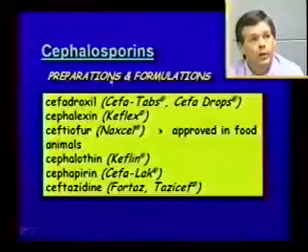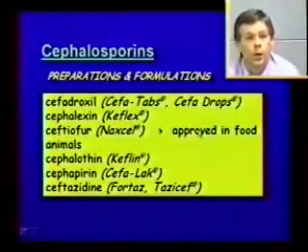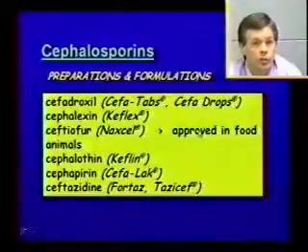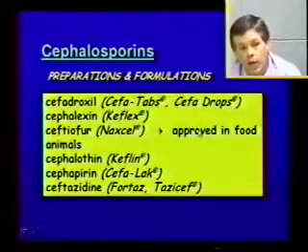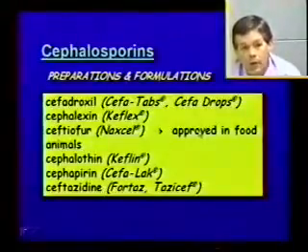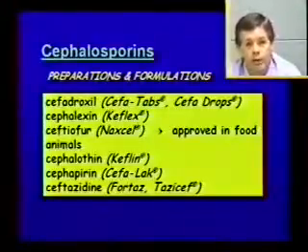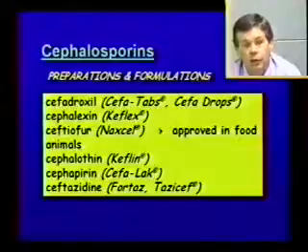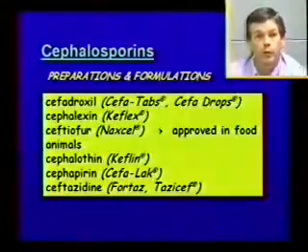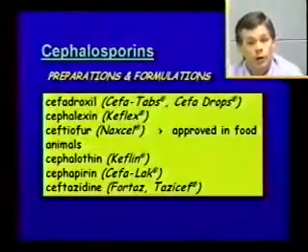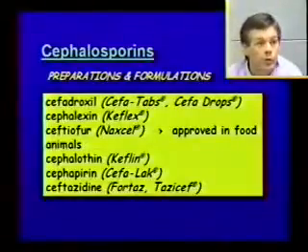Probably one that is noteworthy here is ceftiofur, which is one of the few cephalosporins that is used and approved in food animals. Again, remember that with many of these antibiotic agents, food animal use of these drugs is of great concern, and there are fewer and fewer agents being approved for use in food animals, and withdrawal times are being strictly enforced with these agents.